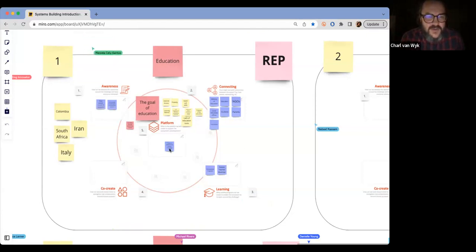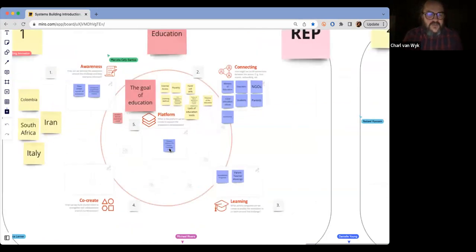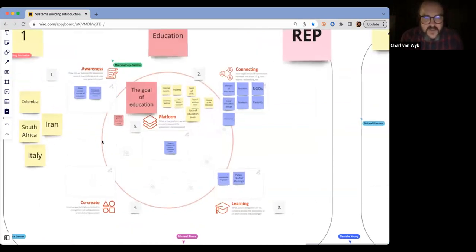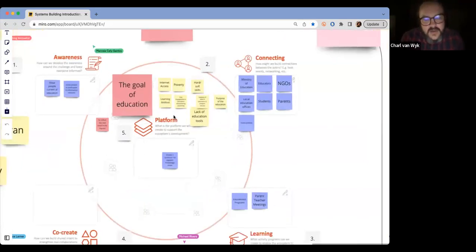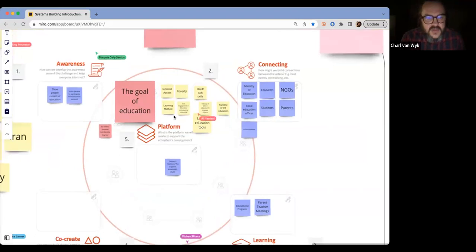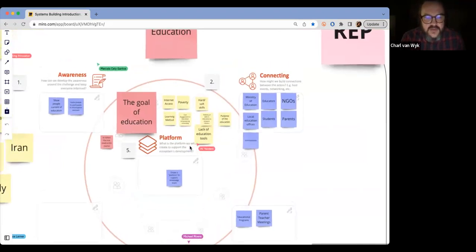We are a diverse group from different countries: Colombia, Iran, South Africa, and Italy. We had a quick session where we shared a few ideas from our personal experiences about what a potential goal could be in terms of a challenge. We decided to go with a very broad statement of the goal of education.